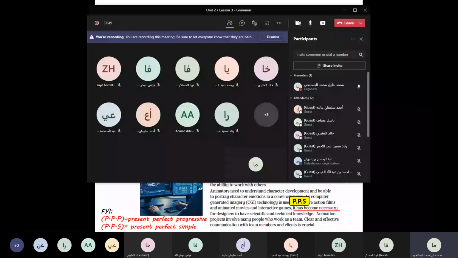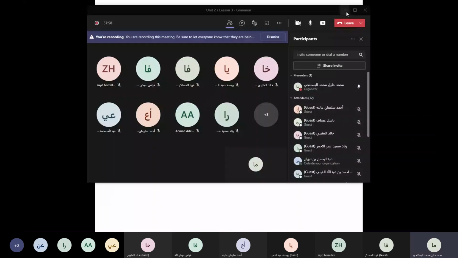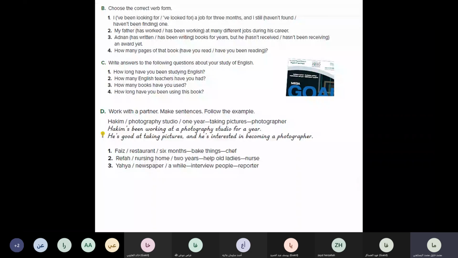Okay. Exercise B. Again, choose the correct verb. Number 1. Yes, Muhammad. Good. You realize here for 3 months, we focus on what? Duration of time.